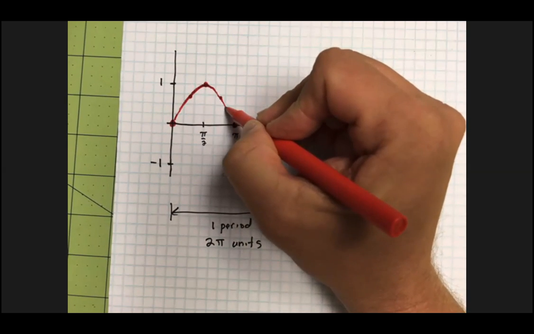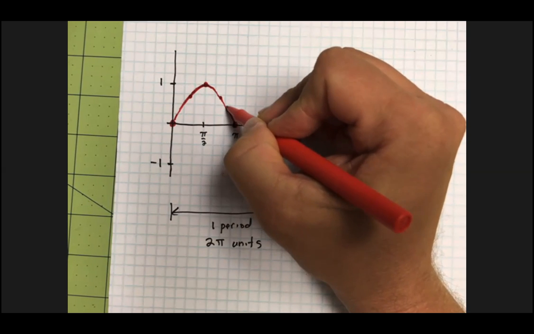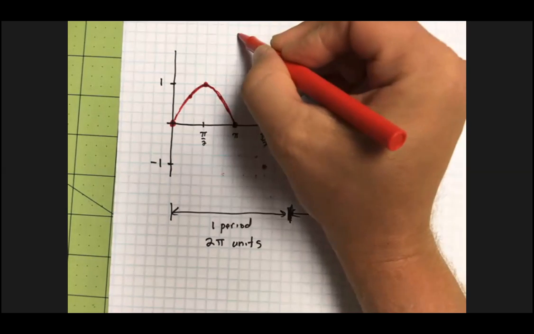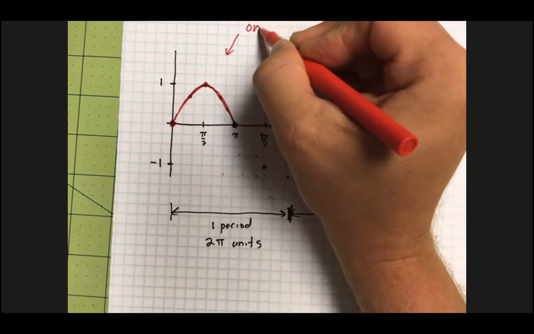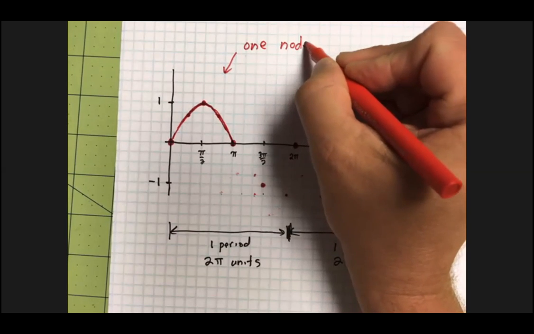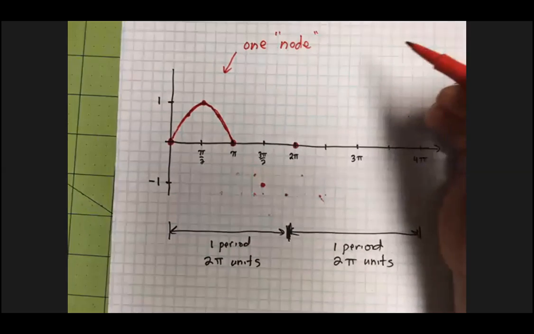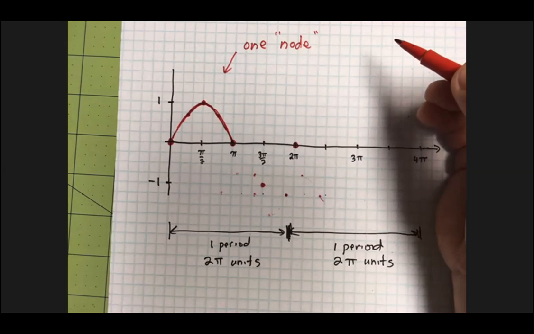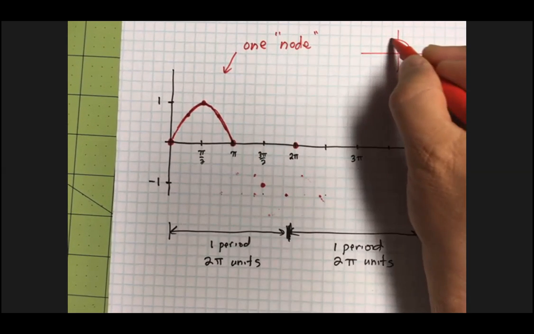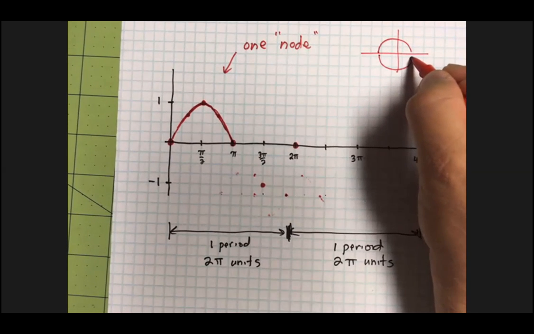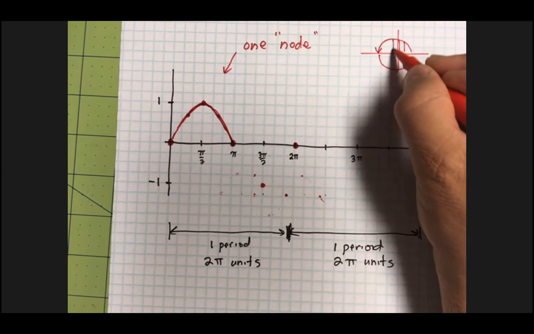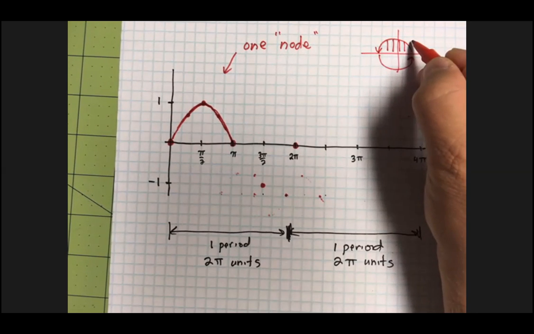This is 1 bump of the sine graph. Sometimes people call that 1 node or 1 nodule of the sine graph. What happens is I visualize going around the circle and then going around the circle on the underside. Well, the sine is the height, the y coordinate.